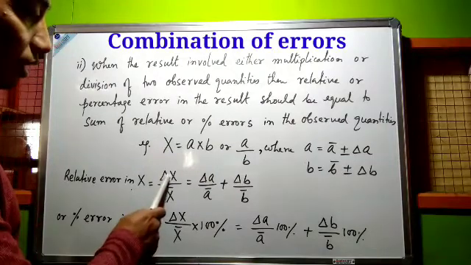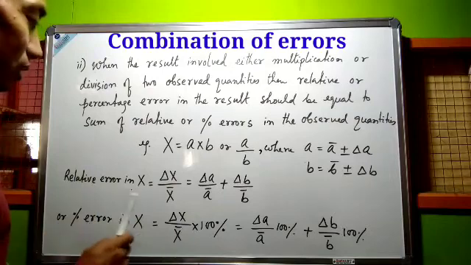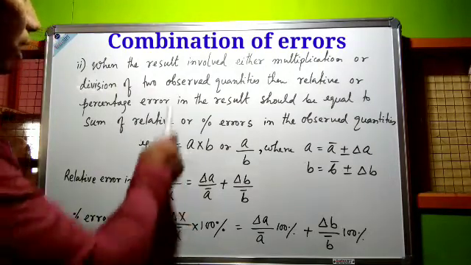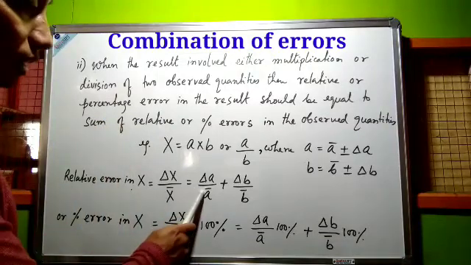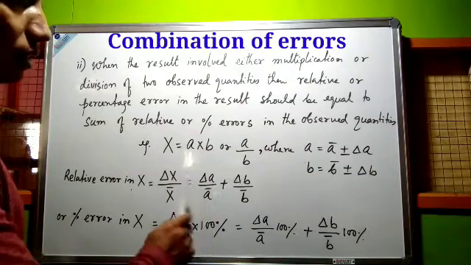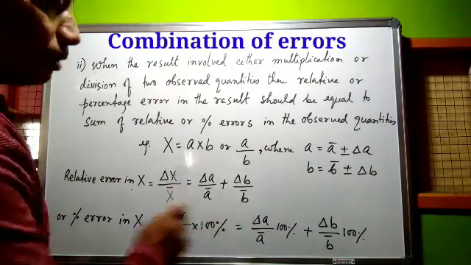So delta x by x bar represents the relative error in the result, that is x, and this should be equal, according to rule number 2, to the relative error in a, that is delta a by a bar, plus the relative error in b, that is delta b divided by b bar.